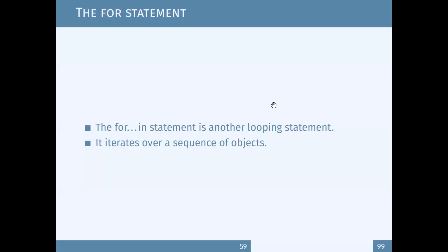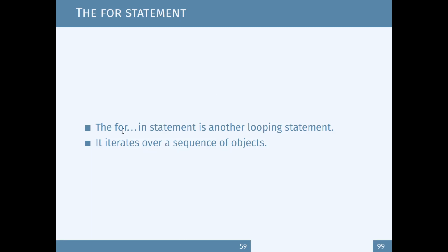Now, I told you there are two Python statements I'm going to discuss. The first one is the while loop, then the for loop. Remember, a while loop works whenever the condition is evaluated true. That means if you don't know the number of times the loop repeats, the best one would be the while loop. But for a for loop, let's say you know how many times you are going to repeat, then it's best to use the for statement.